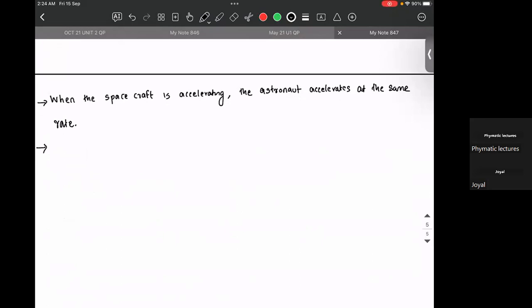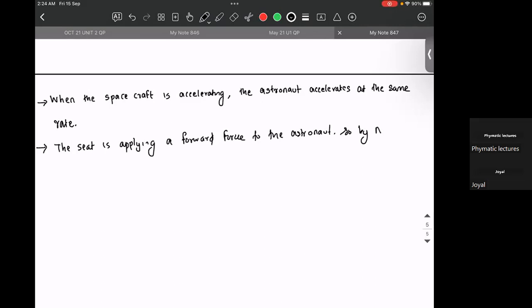So that is the next point we will be adding: the seat is applying a forward force to the astronaut.